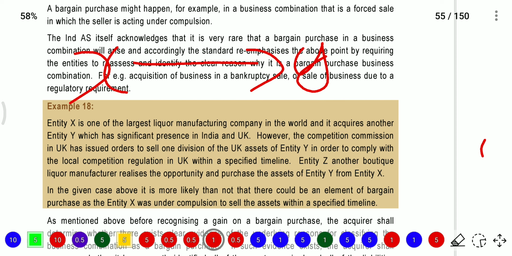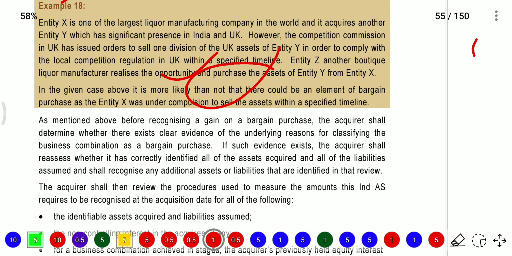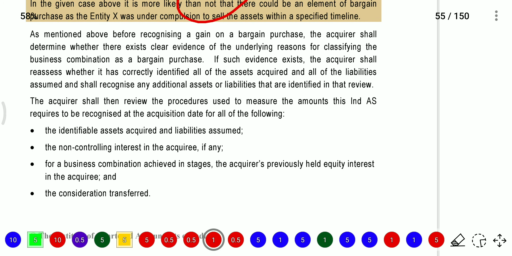Now entity Z, another boutique liquor manufacturer, realized the opportunity and purchased the assets of entity Y from entity X. In the given case, it is more likely than not that there could be an element of bargain purchase, because they are not selling of their own accord but as per the requirement of the government, so they may get a bargain purchase.